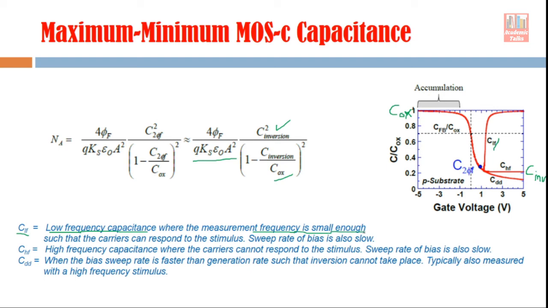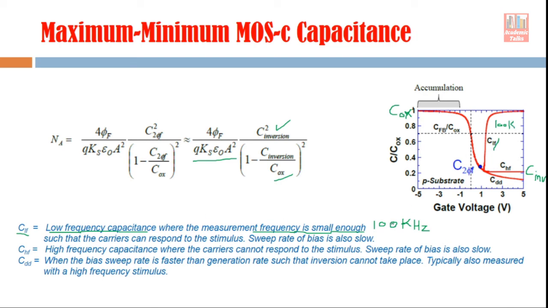For silicon material, if the frequency of the signal is about 100 kilohertz or less, we get this curve.